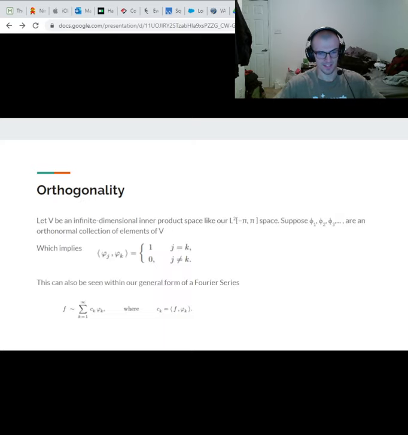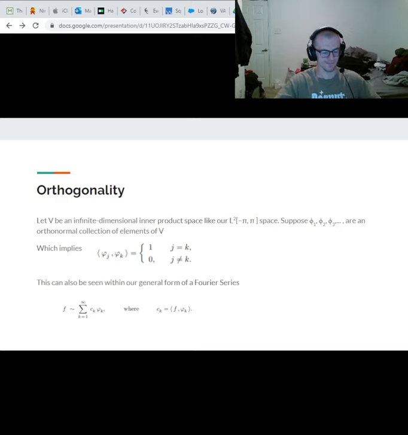So the last definition I want to tackle is orthogonality, which we have had plenty of experience with. Let V be an infinite dimensional inner product space like our L2 space, and suppose that phi 1, 2, 3, etc., are orthonormal collections of elements in V. Orthogonality is defined by the inner product.